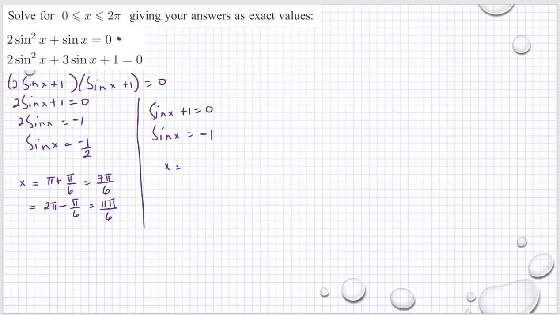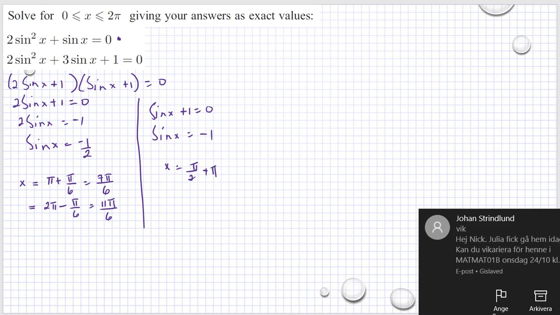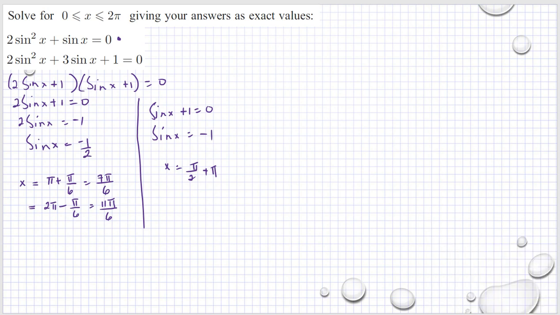What's that? Pi over 2 plus pi. Then we have 5 pi over 2.